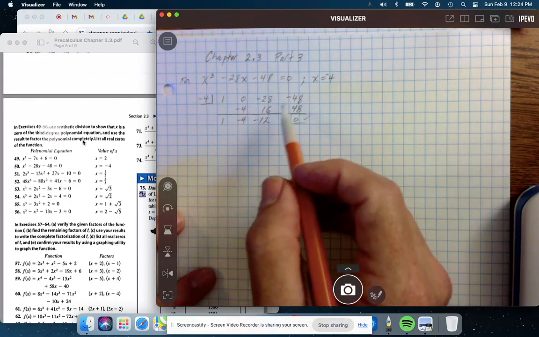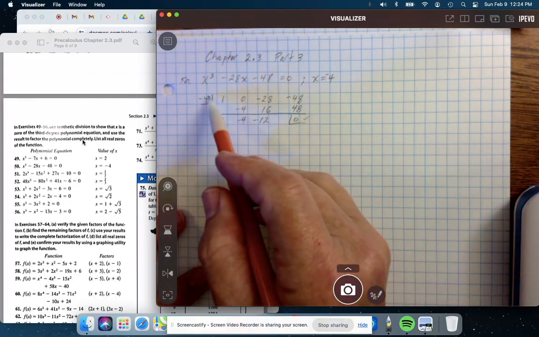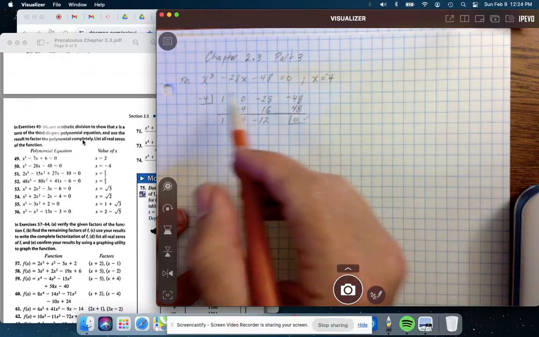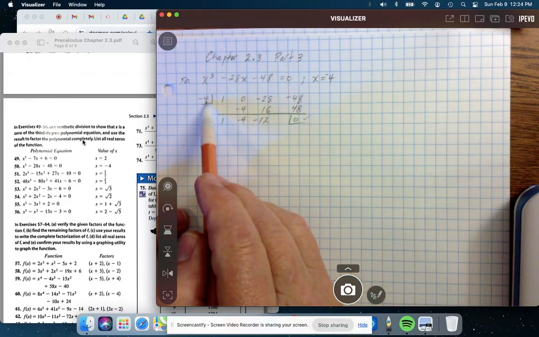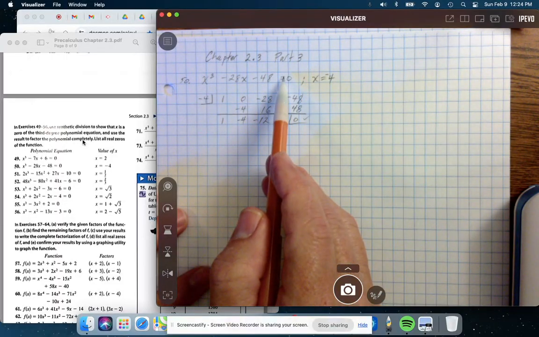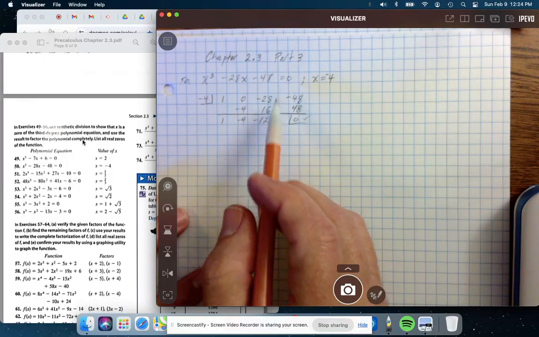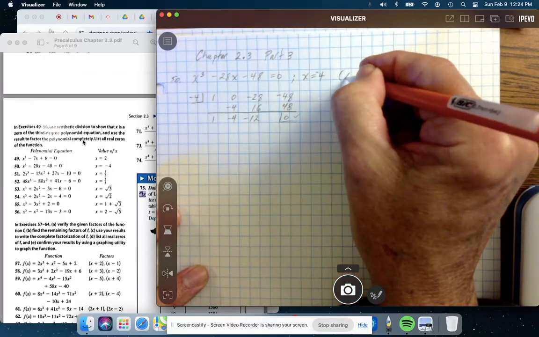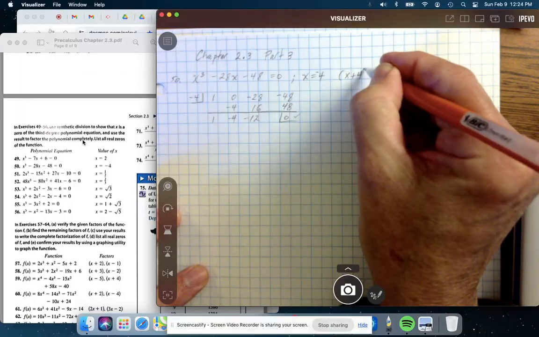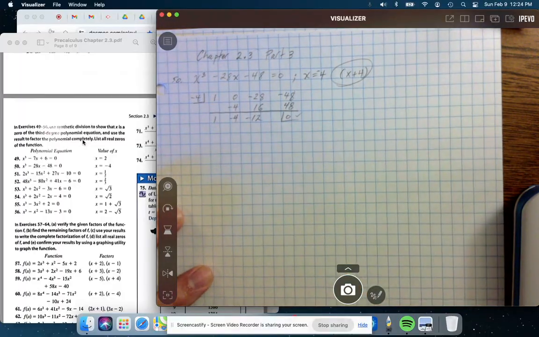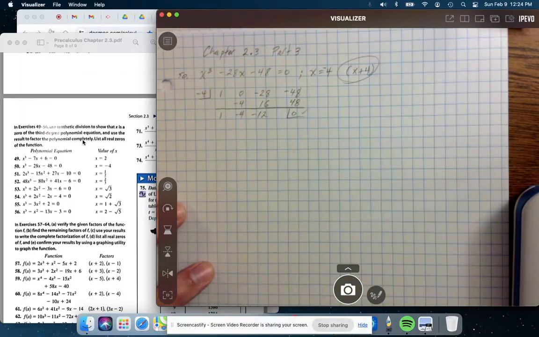All right, so since negative 4 is a 0 of the polynomial, that tells me that x plus 4 is one of the factors, right? Because we're going to factor the polynomial. So I found one of the factors already, x plus 4. And I know that because negative 4 is a 0 of the polynomial.